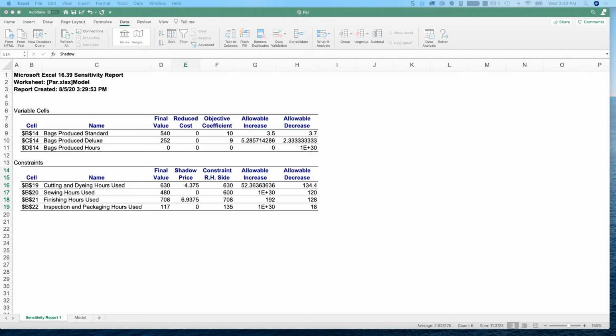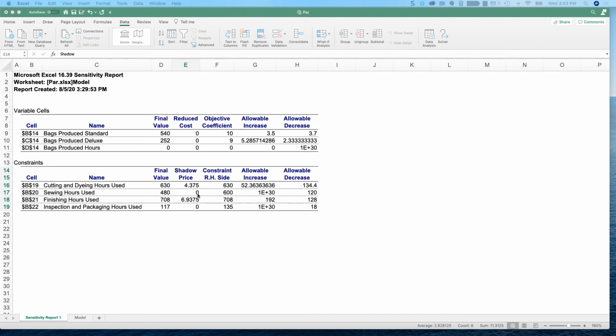If we change the right-hand side by 1, then it goes up 4.375 for the cutting and dyeing hours used. Or if we change it by 1, the finishing hours goes up by 6.9375. So if we were to change 1 unit of hours that goes into the production within the constraints of those products, this is what would change.